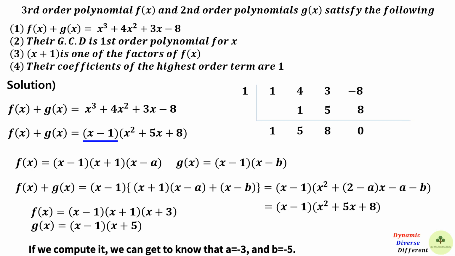If we compute it, we can get to know that a is equal to minus 3 and b is equal to minus 5. So the solution is f of x equals to x minus 1 times x plus 1 times x plus 3, and g of x equals to x minus 1 times x plus 5. This is the solution to the problem. Is everything clear?